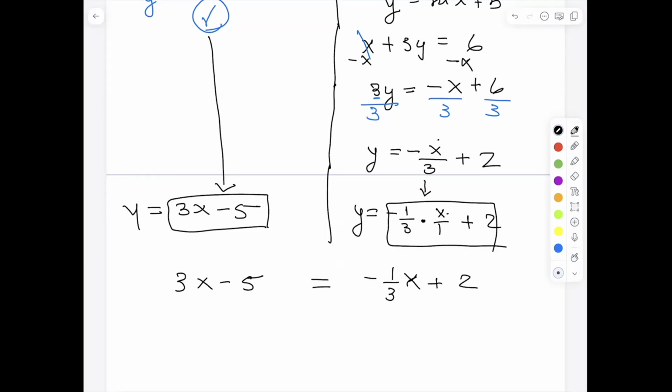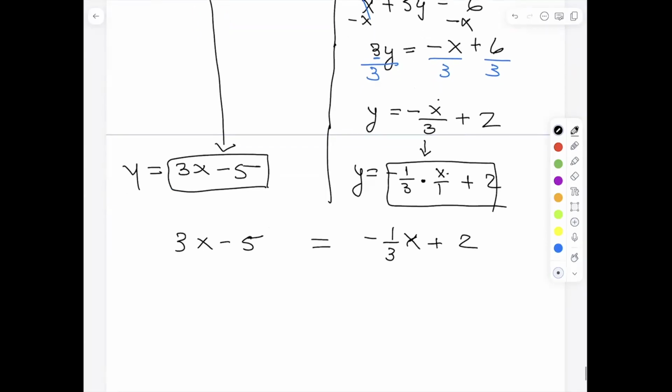Now, what did I say you have to do all the time when it comes to the x's? Do we keep them on the right or on the left? We got to move them to the left.